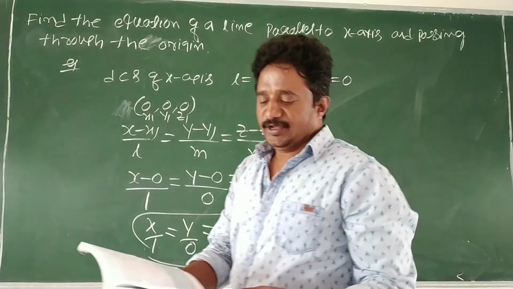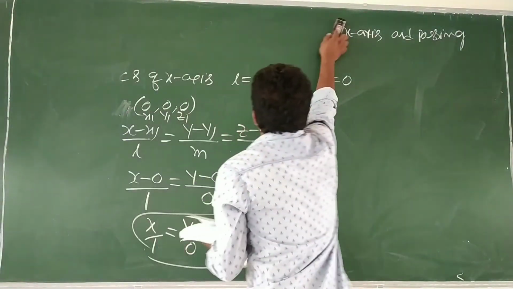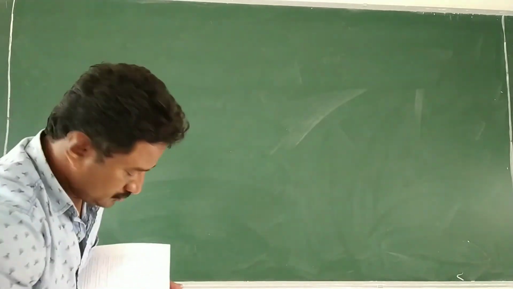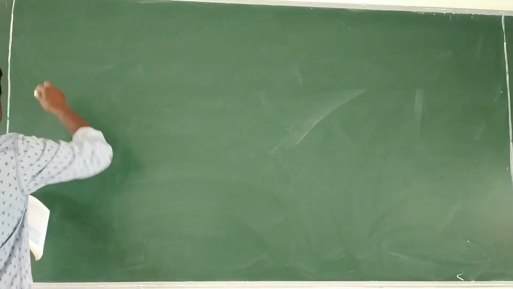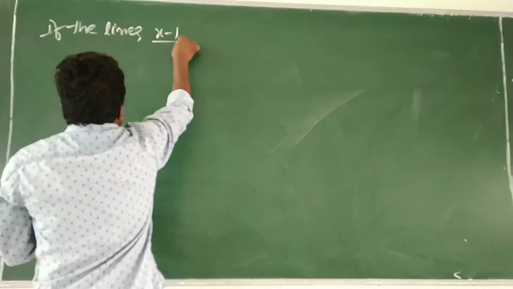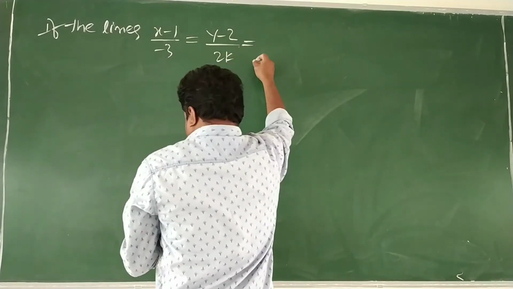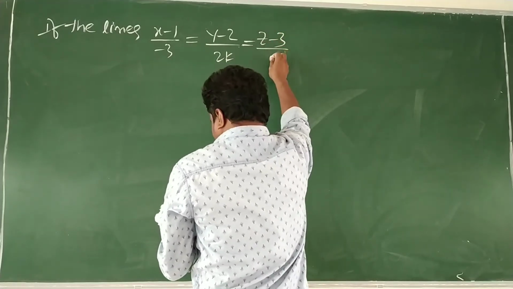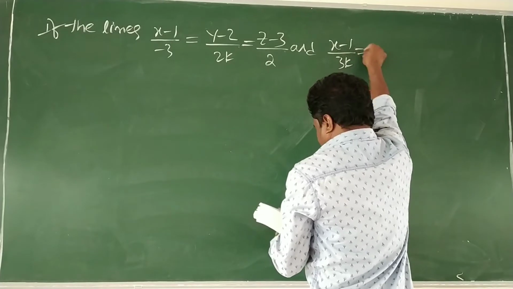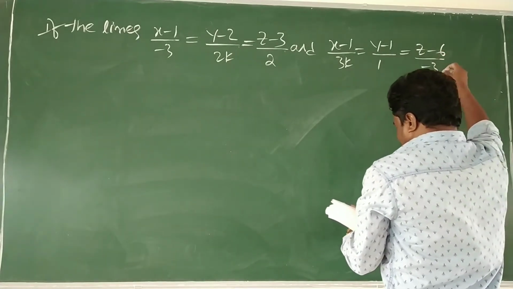Find k if the lines (x minus 1) by minus 3 is equal to (y minus 2) by 2k is equal to (z minus 3) by 2, and (x minus 1) by 3k is equal to (y minus 1) by 1 is equal to (z minus 6) by minus 3 are perpendicular.